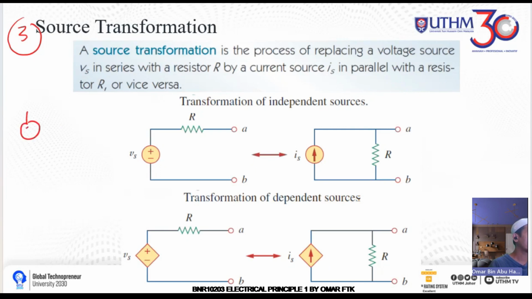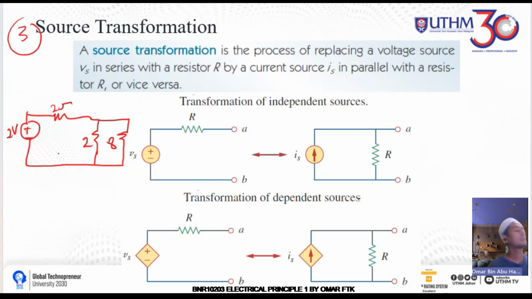I have this voltage source, let's say 2 volt, 2 ohm, and then I have many other resistors in the circuit, for example 2 and 8.